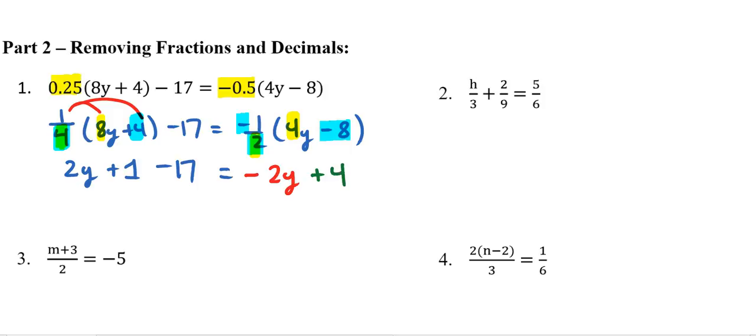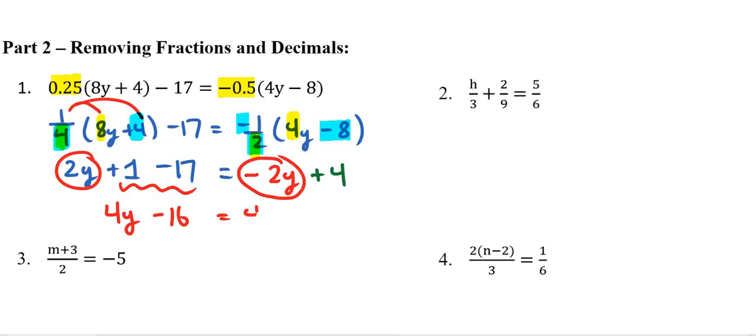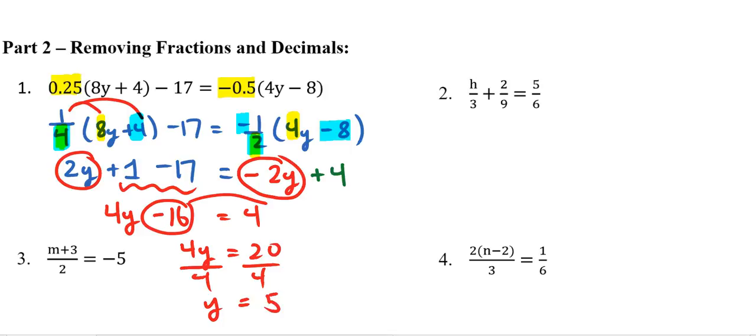And after that, I just collect like terms, bring this to the other side, and combine that with that 2. So if I bring that over, that's going to be 4y. This right here is going to be minus 16 equals the 4 there. And then if I bring this negative 16 over, that's going to be 4y equals 20. And then divide by 4, divide by 4, y would equal 5.